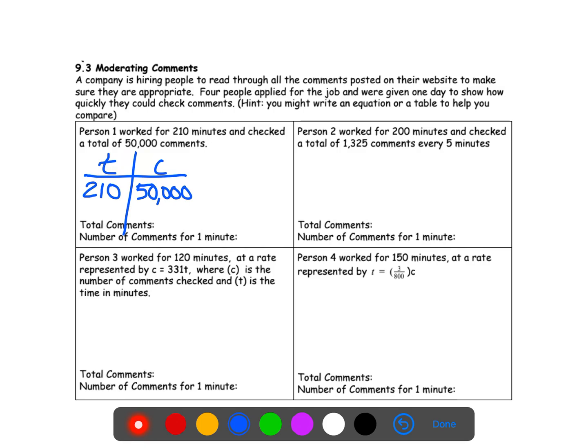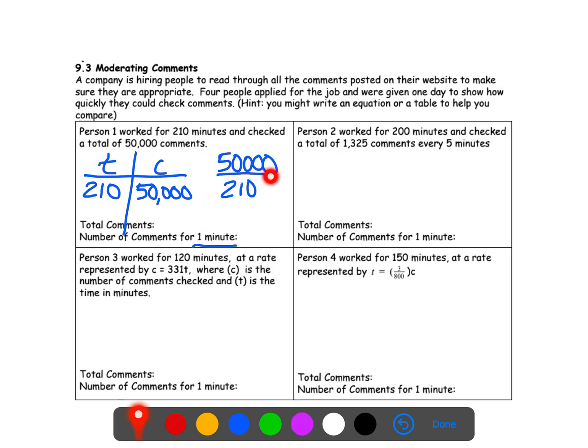So I want to know in 1 minute's time, so I'm going to put the minutes here on the bottom, how many comments can be checked. I don't want to do it the other way around, or what I'm going to find is how much time it takes per comment. And that's going to be just a fraction of a minute.